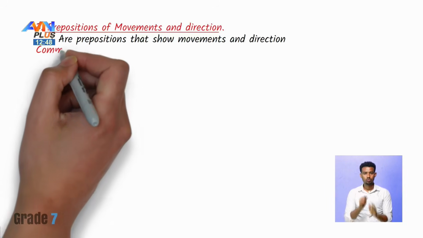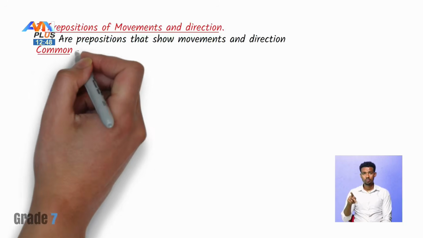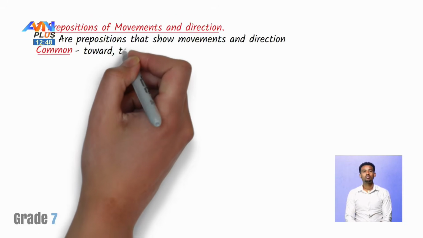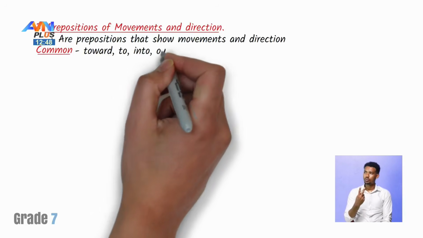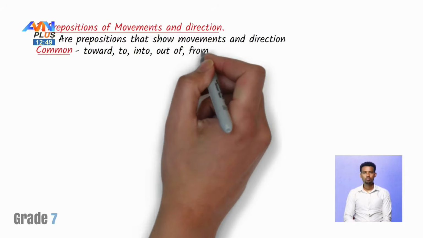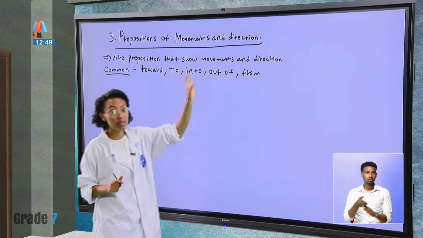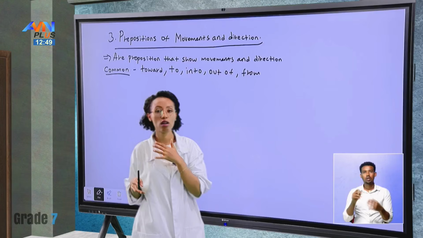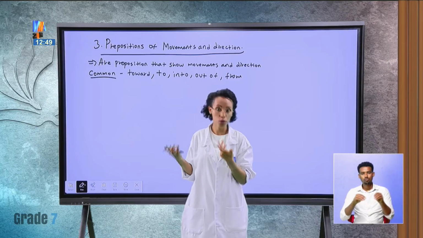The common ones are, for example, towards, to, into, out of, from. There are so many prepositions, but these are the most common forms of prepositions of movement and direction that we use most of the time.